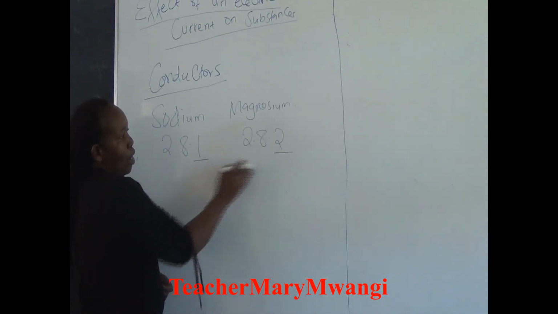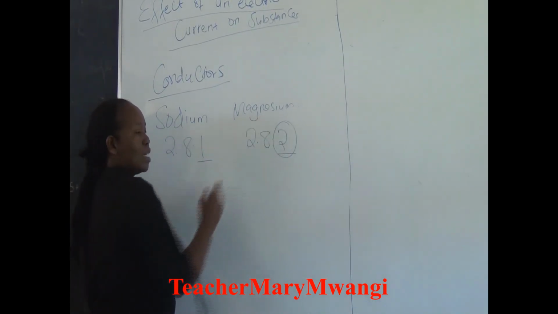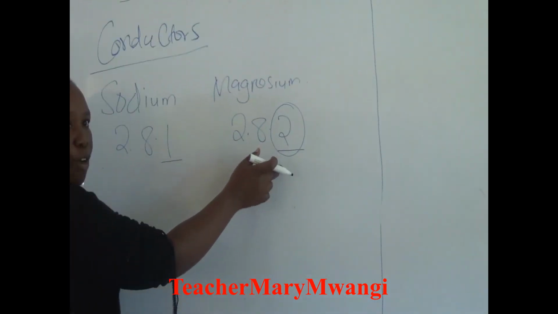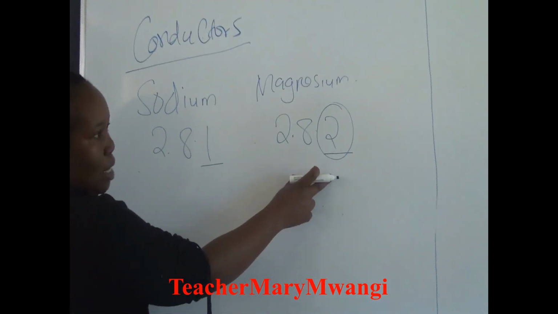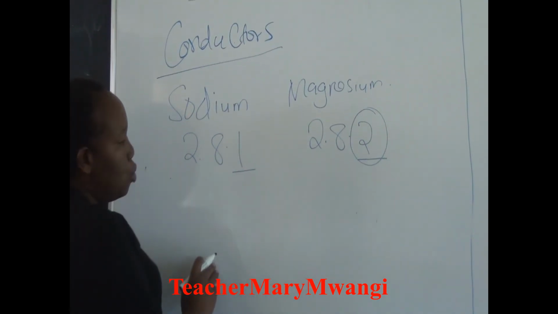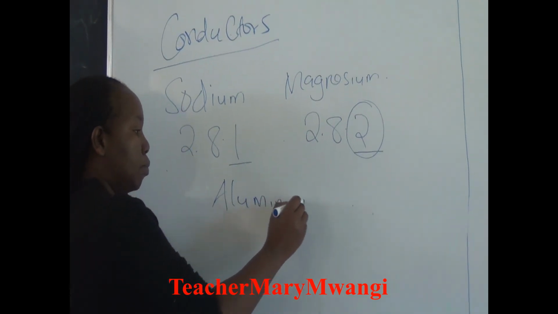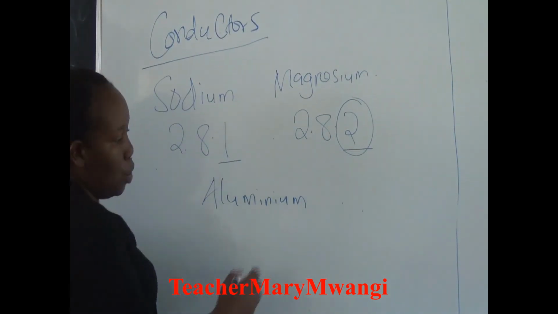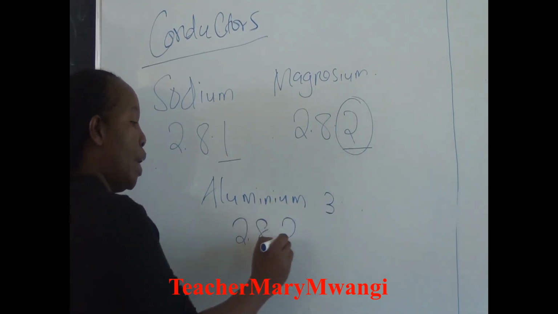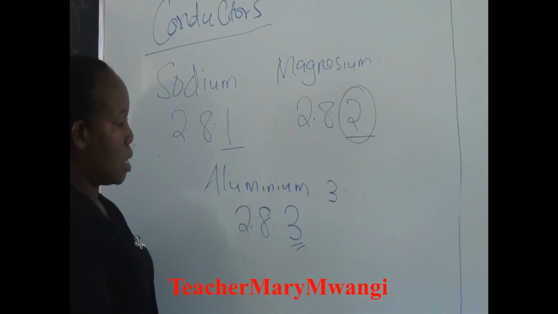So when you compare the conductivity of the two solids, magnesium would be a better conductor than sodium because of the high number of delocalized electrons in its structure. We can also compare this to another element like aluminium. Aluminium, because its configuration is 2,8,3, has got 3 delocalized electrons in its structure.